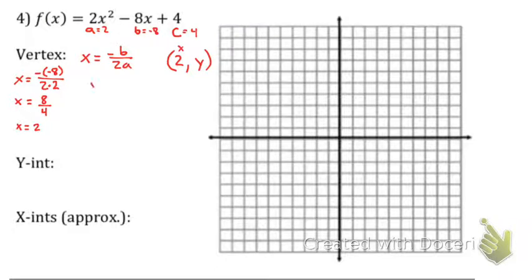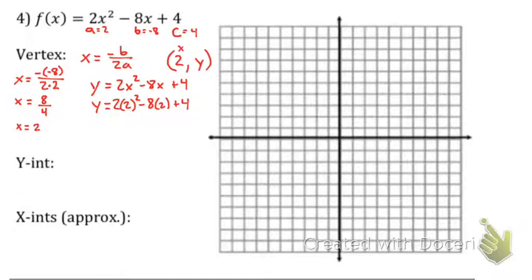So y equals 2 times x squared, minus 8 times x, plus 4. Now we take our x value, 2, and plug it in for x. So y equals 2 times 2 squared minus 8 times 2 plus 4.